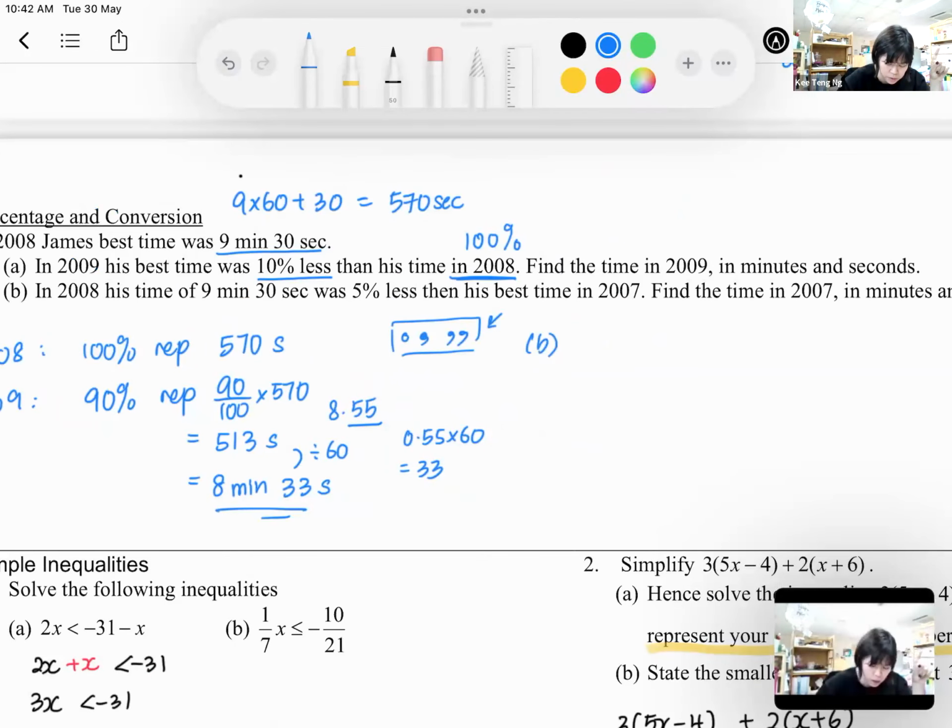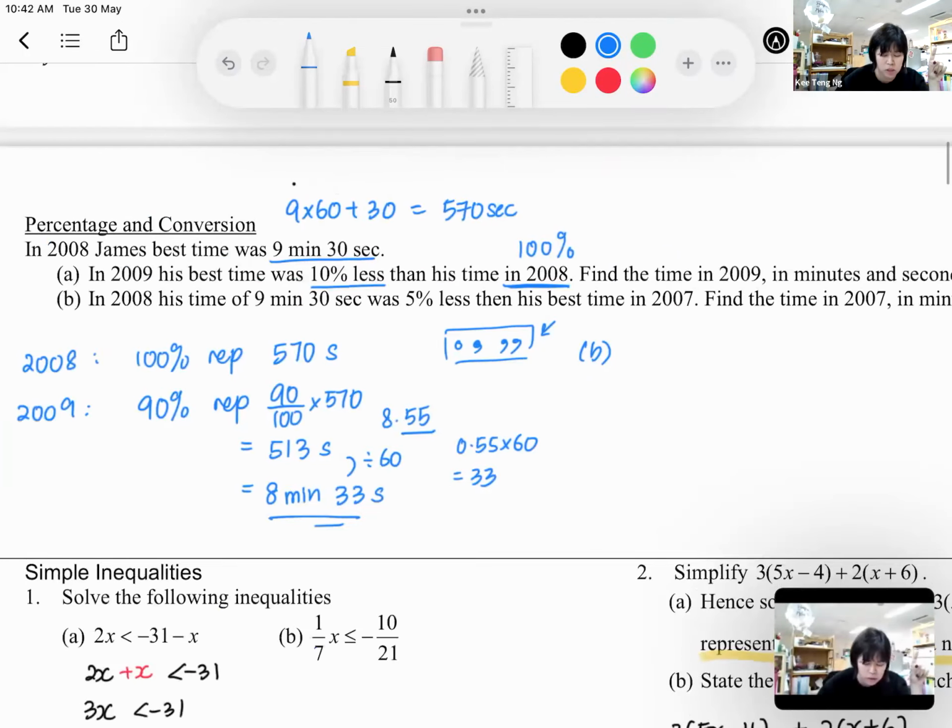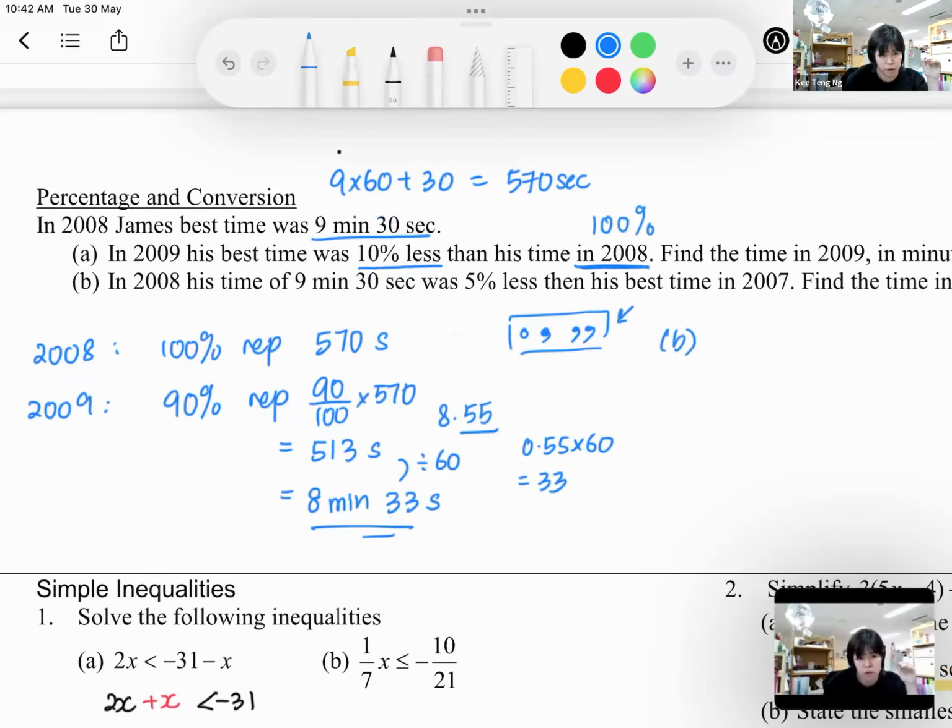Okay, observe the 2008, just now we say 2008 was 100%, right? But this timing of the 9 minutes 35 seconds is actually 5% less than the best time in 2007. So that means this is 5% less than that of 2007. So 2007 actually comes first.